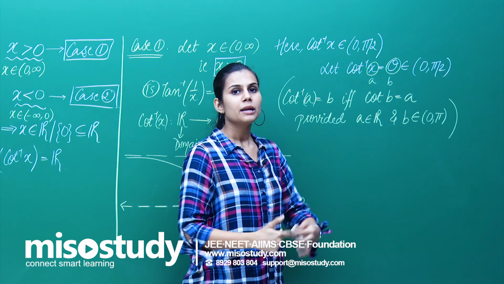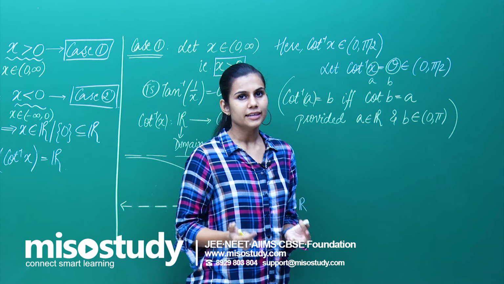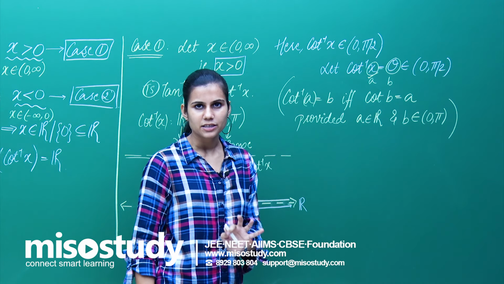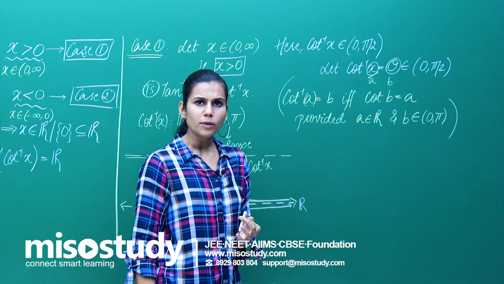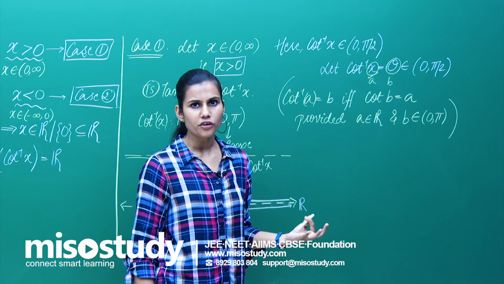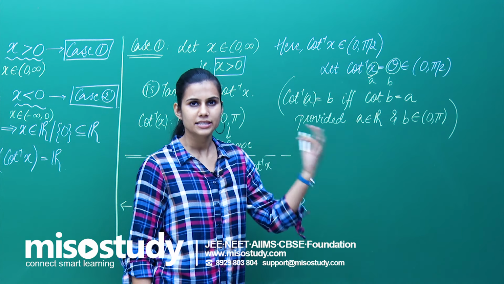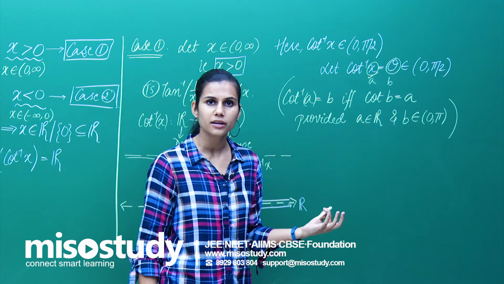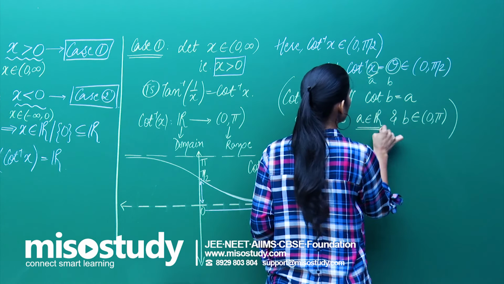Be it positive or negative, the first thing I want is that A should be a real number. The set of all positive real numbers is a subset of the set of all real numbers. So yes, A is coming from the collection of all reals.